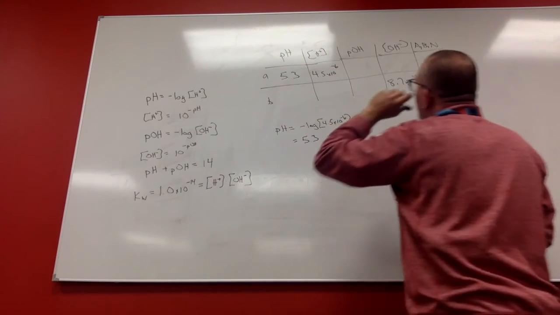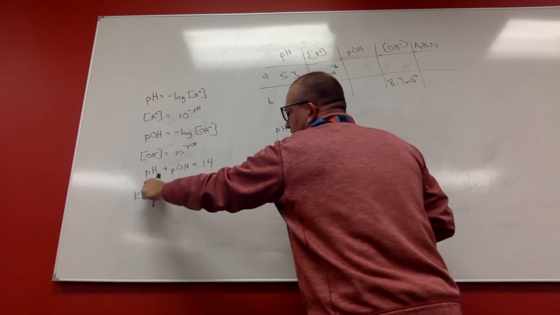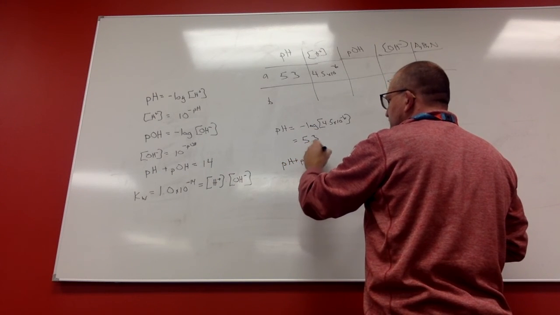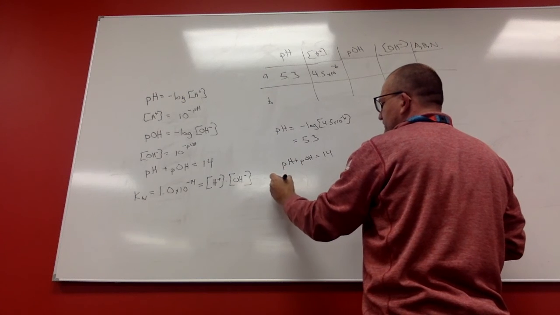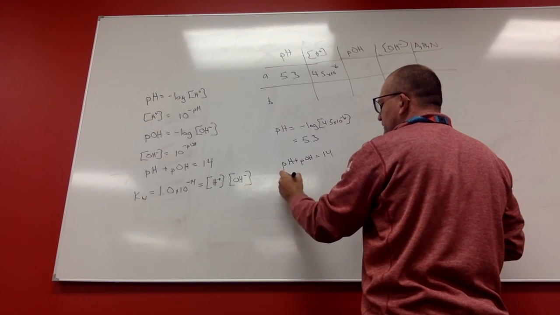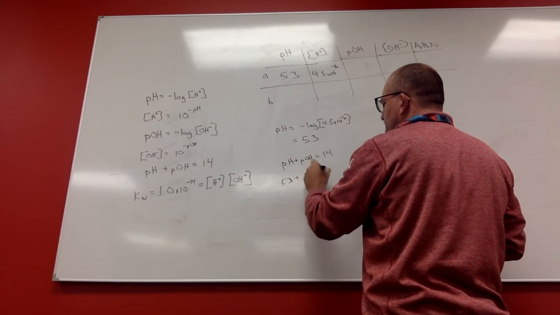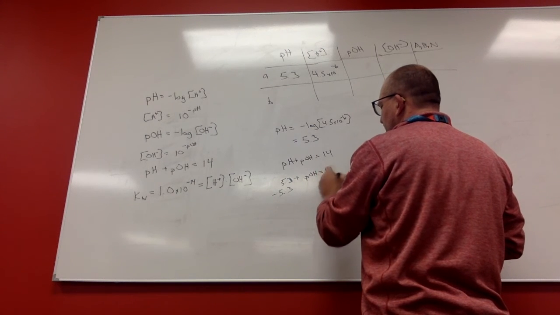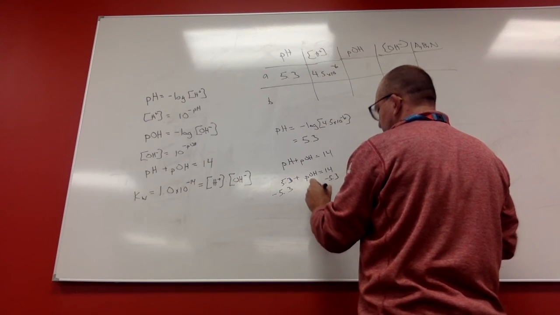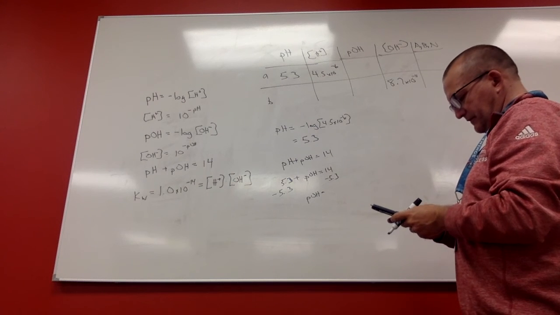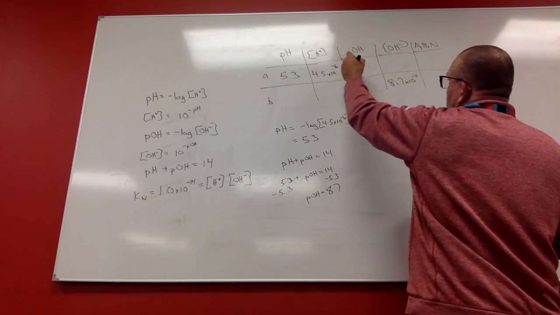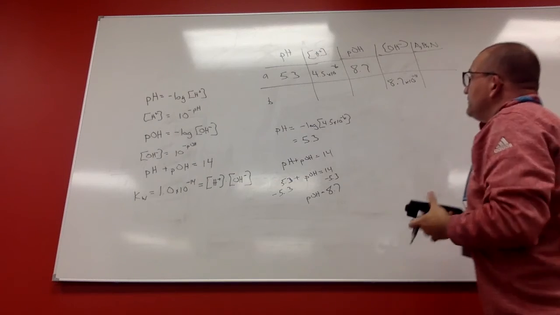So there's 5.3. pOH, again, the easiest one's this one. pH plus pOH equals 14. Our pH is 5.3, so 5.3 plus pOH equals 14. Subtract 5.3 from each side. pOH is equal to 14 minus 5.3, 8.7. So our pOH is 8.7.